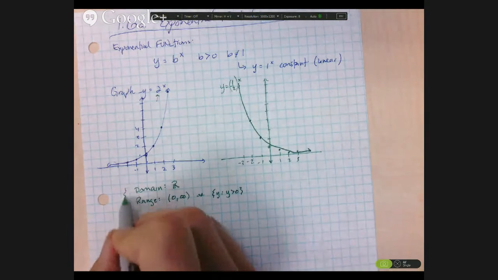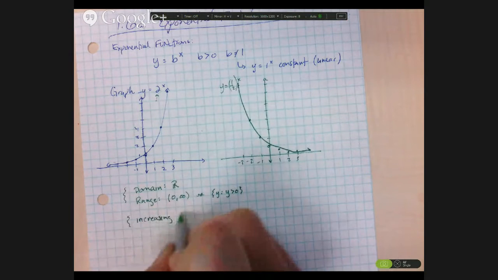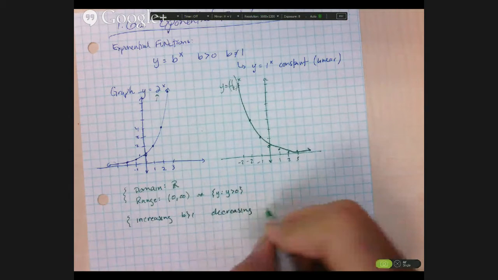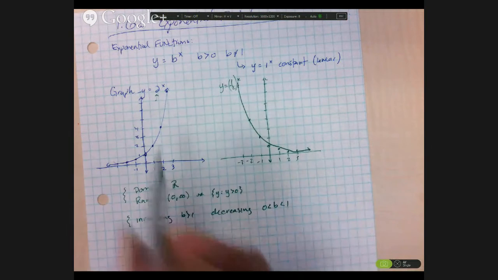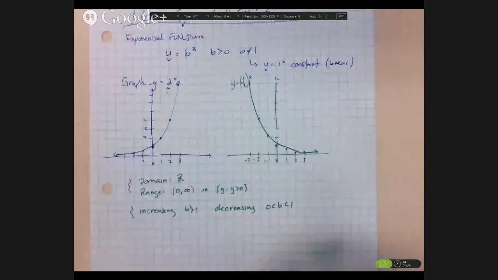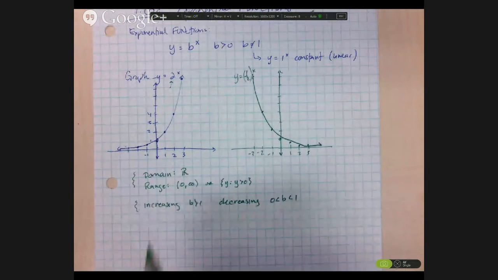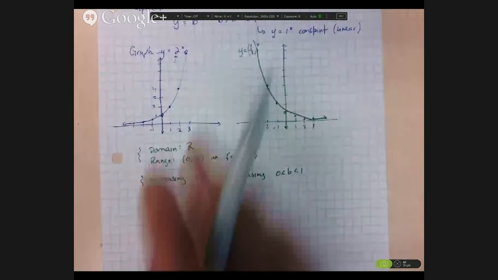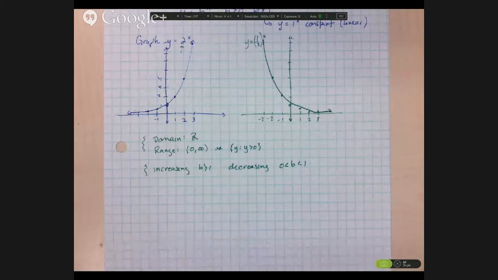So that's one property you need to remember, and we talked about this. So it's increasing if b is greater than 1, decreasing if b is between 0 and 1, if it's a fraction. Okay. And the range indicates that it's always positive. Okay. We can move these up and down. We can translate them up and down, but for now we're just looking at the basic case.